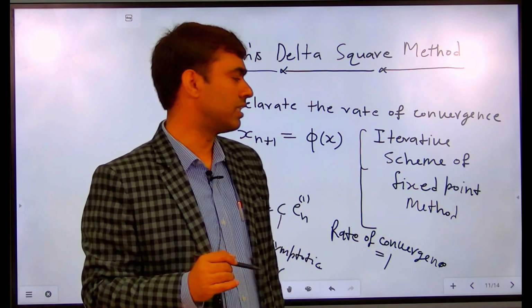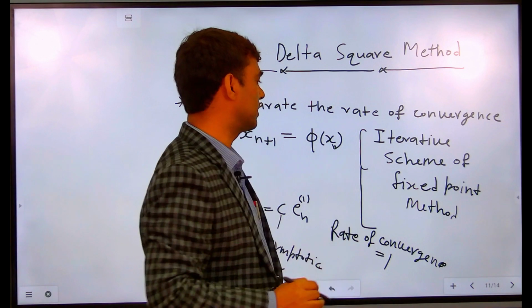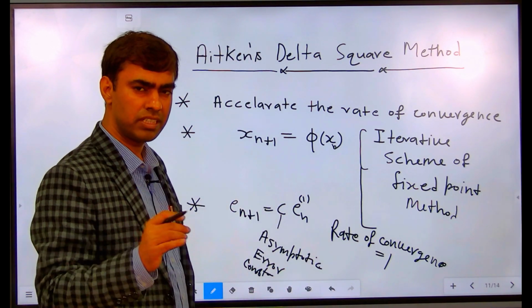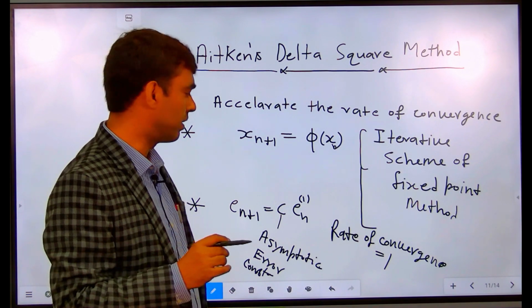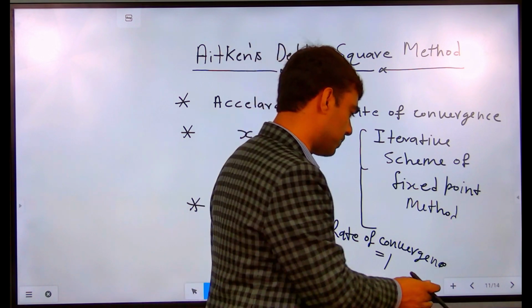So this is a summary of the fixed point method. What is the iterative scheme? x_{n+1} = phi(x_n). The rate of convergence of a first order iterative method is 1, and C is the asymptotic error constant.